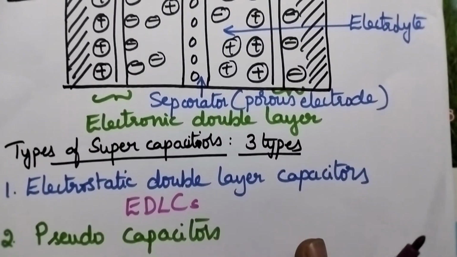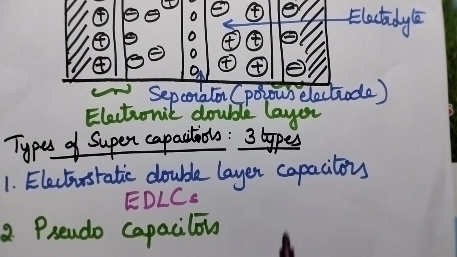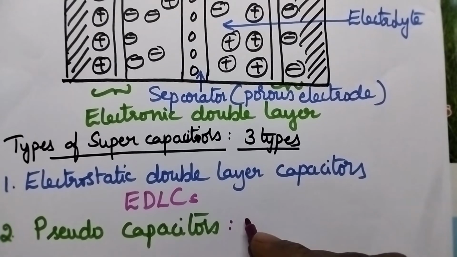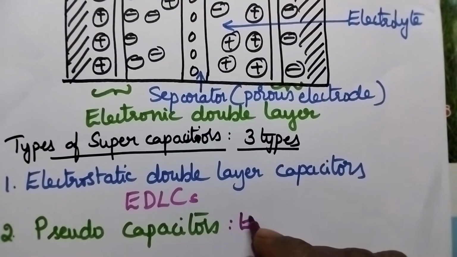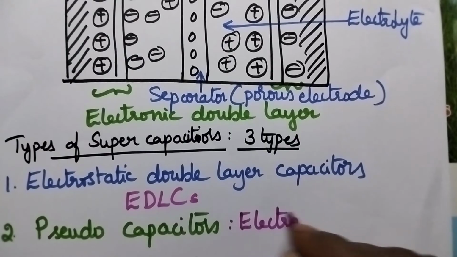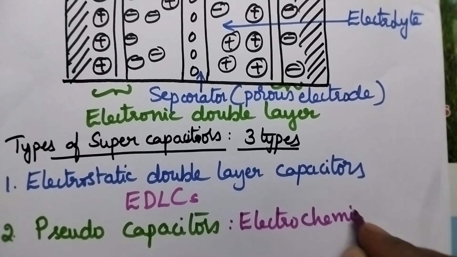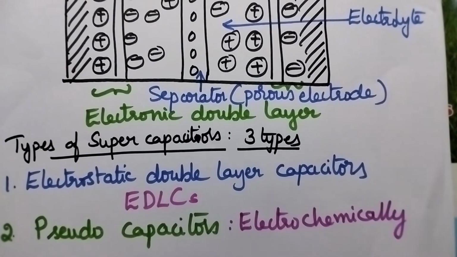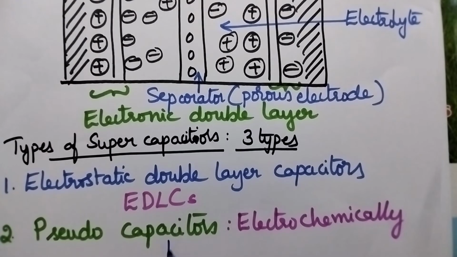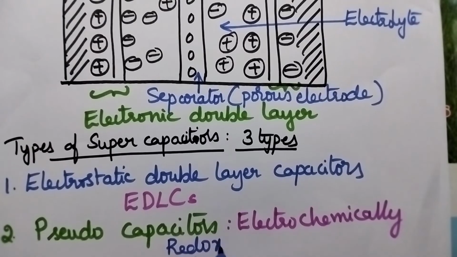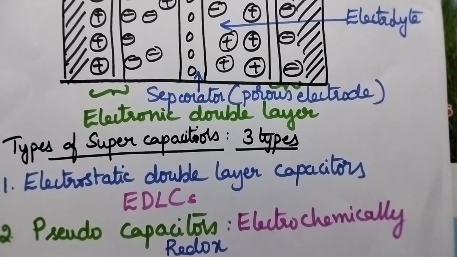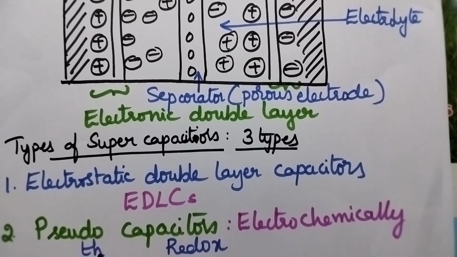Moving to pseudo capacitors, here the electrical energy is stored electrochemically, that means through a redox reaction.